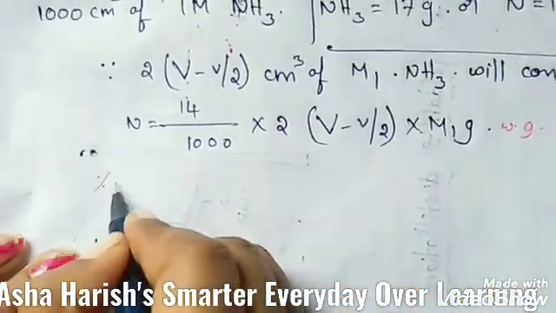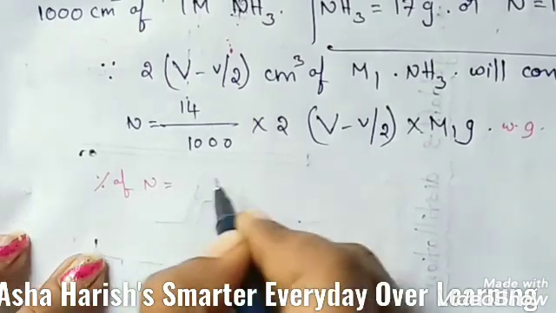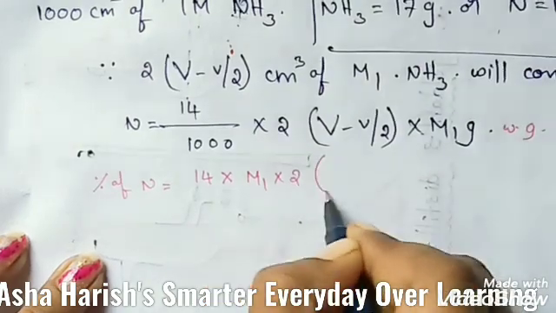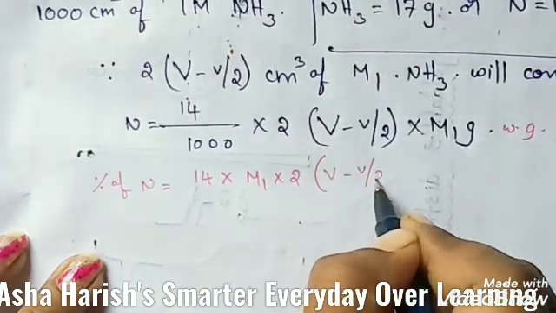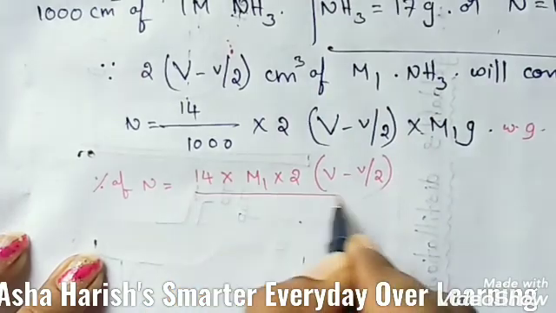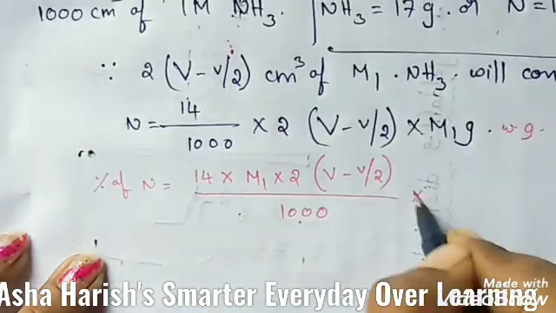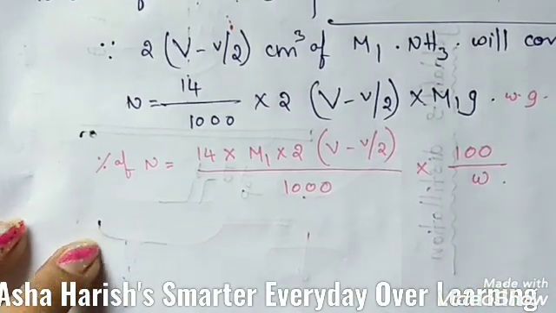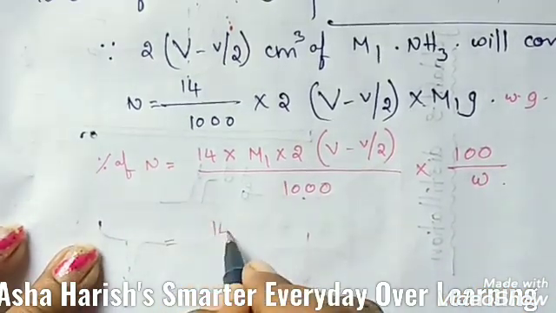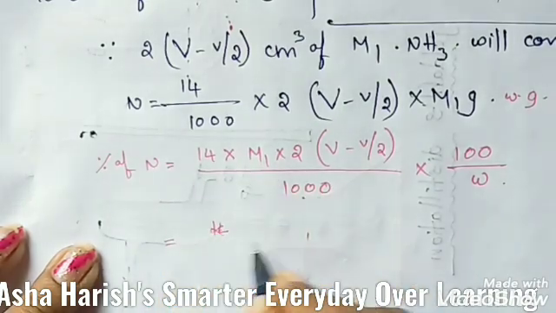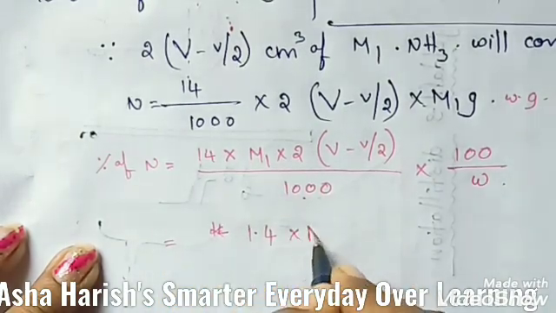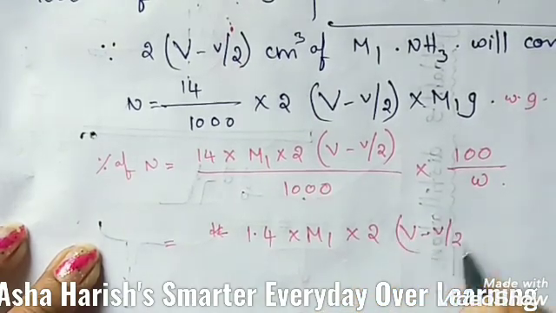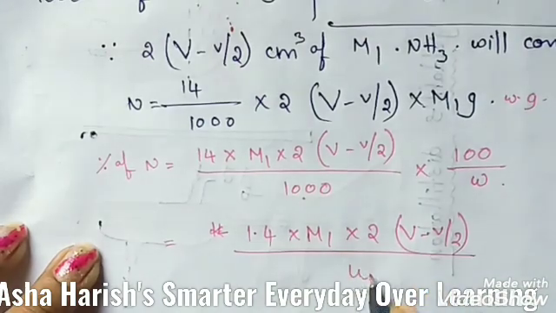Now the percentage of nitrogen should be 14 into M1 into 2 into (capital V minus small v by 2) by 1000 into 100 by W. Now 14 means 1.4 you should take here into M1 into 2 into (capital V minus small v by 2) by W.